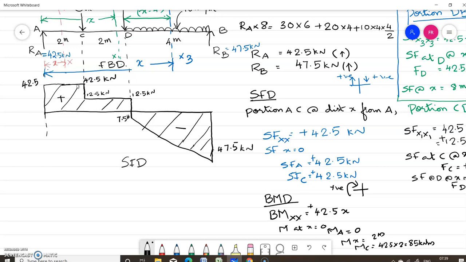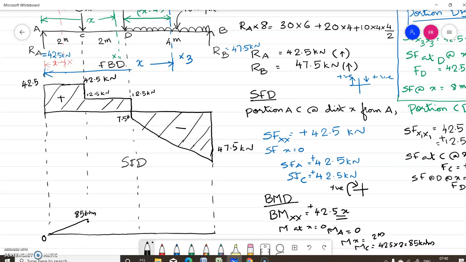So we can draw the bending moment diagram for the portion AC. At this point A it is 0 and at this point C it is equal to 85 kilonewton meter. So we can join here. You can see the bending moment varies with x, so it is a linear variation and this value is plus 85 kilonewton meter.